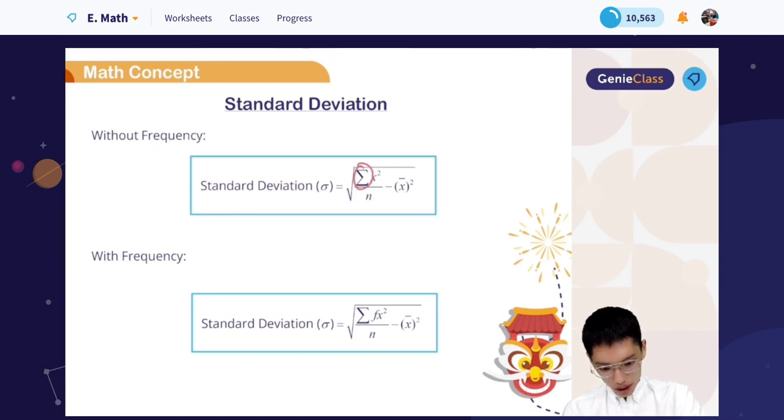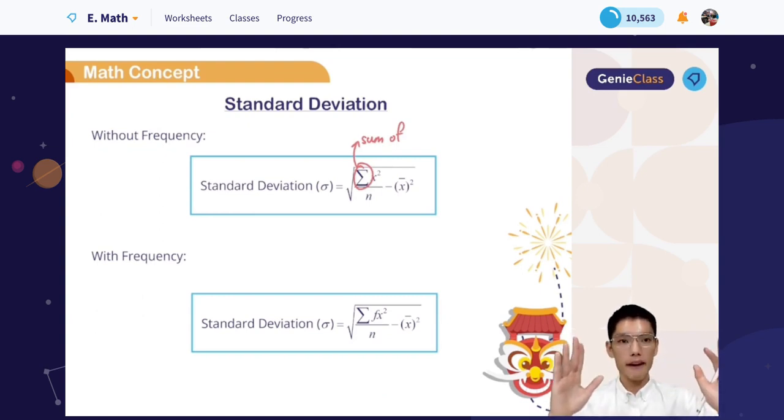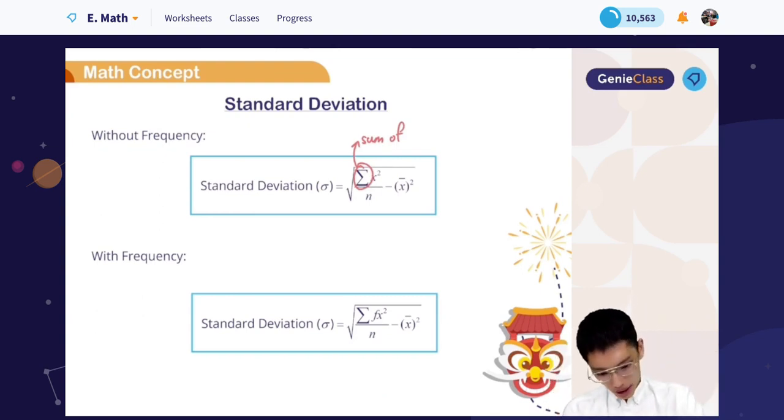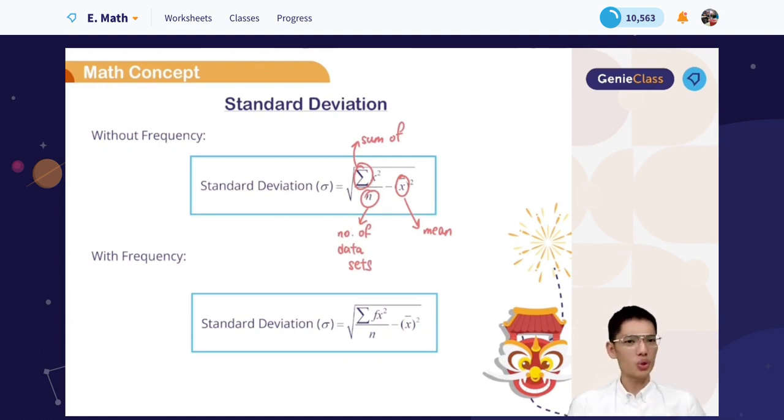This one over here is what we call the sum of the data values. Sum of all the data. Okay, and over here, this is the mean that you are looking at. Okay, and over here, my n is just the number of data sets. How do we actually utilize this? Stay tuned, we'll find out with an example, so don't worry about it.